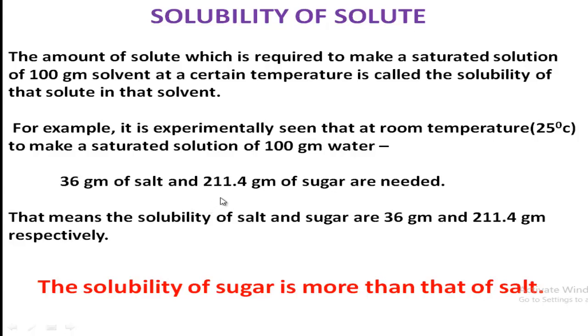So whose solubility power is more? Obviously sugar. So in this way, by determining the solubility of solutes, we can also compare the solubility power of two solutes. Now we will do some problems related to solubility.